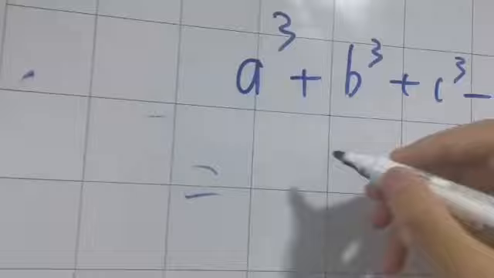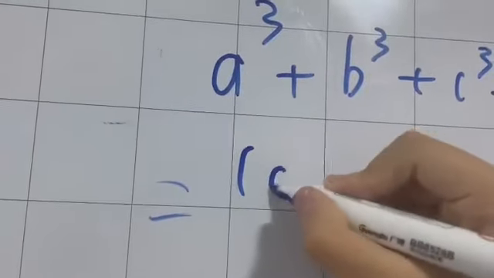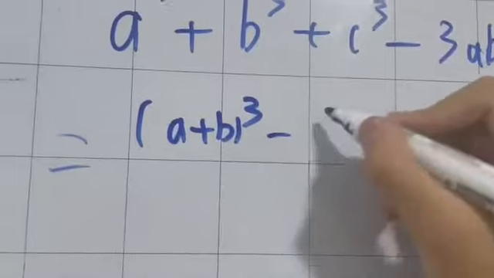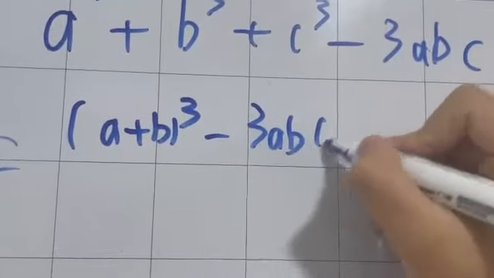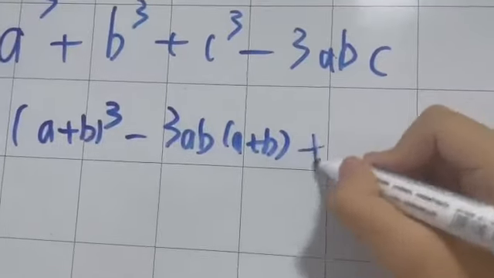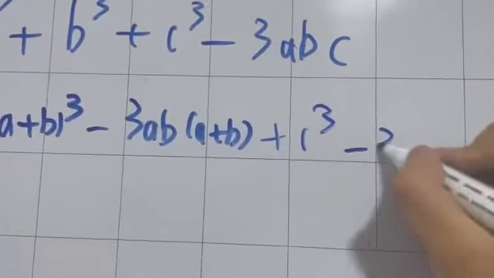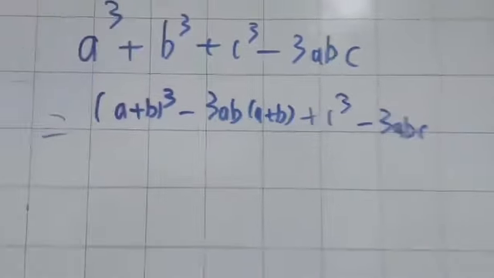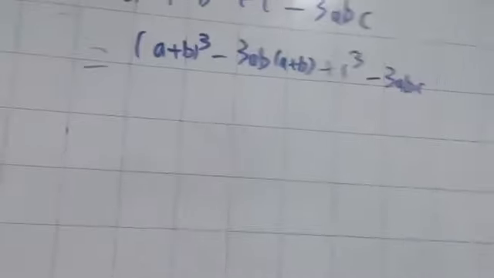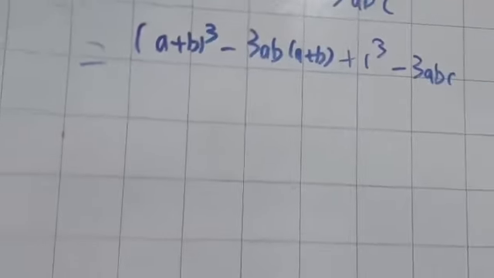I just filled it up. Okay, so now we can express this as (a plus b) cubed minus 3ab times (a plus b), just like the formula we got here. And then we also put c cubed here, minus 3abc. So now you notice there are two pairs we can pair up.